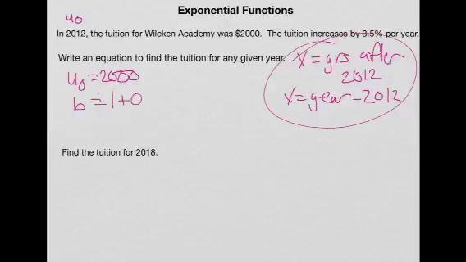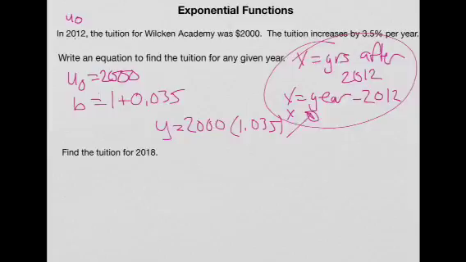But if I define my x that way, my ratio again is going to be 1 plus 0.035 for my increase as a growth. So it's plus 3.5%. But then I can write my equation as y equals just plain 2,000 times 1.035 to the x. But I have to remember, what does x mean?